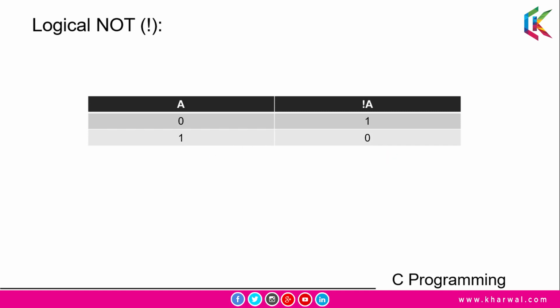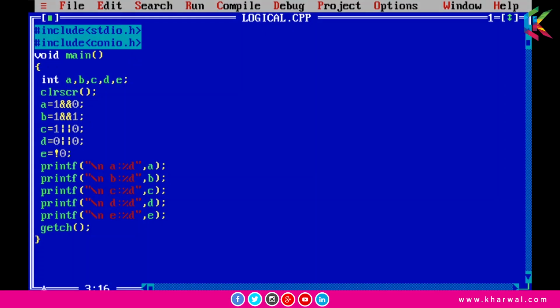Now let's do some hands-on. In this program, we will learn about logical operators. We have declared 5 integer variables A, B, C, D and E. The value of 1 logical AND 0 will be stored to A, so the value of A will be 0. The value of 1 logical AND 1 will be stored to B, so the value of B will be 1.